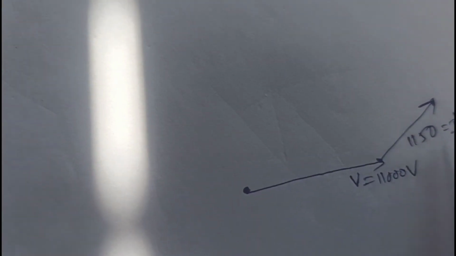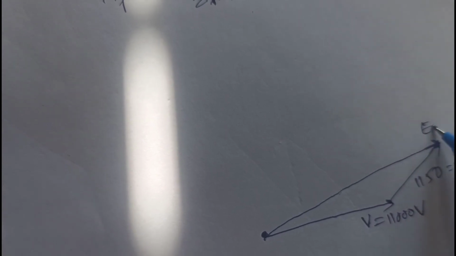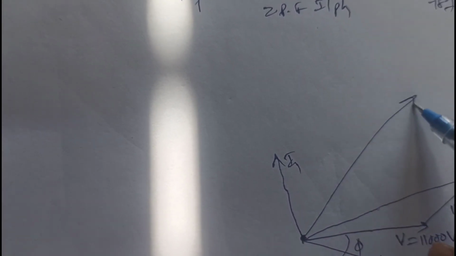Join these two points, and you get E1, and this is the current. Here you get one more current, called I1. Due to I1, one more EMF will be induced. This angle is 90 degrees, and this angle is phi.